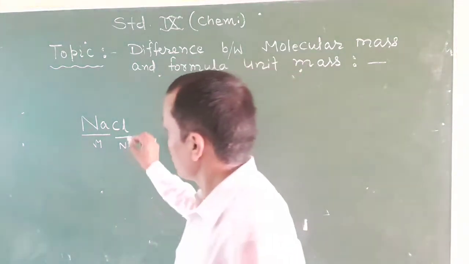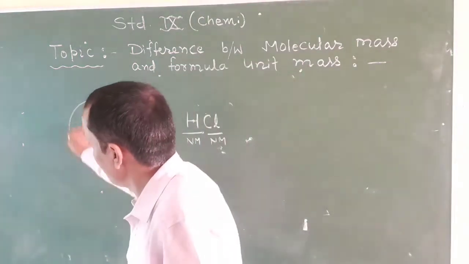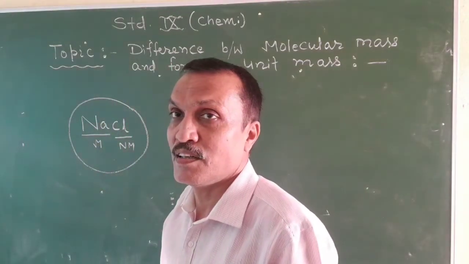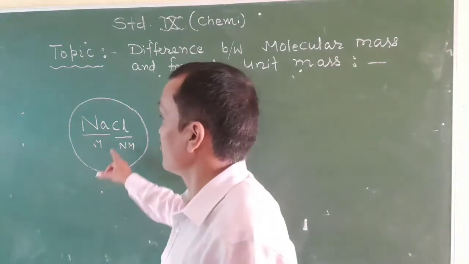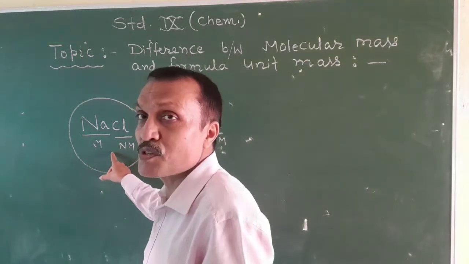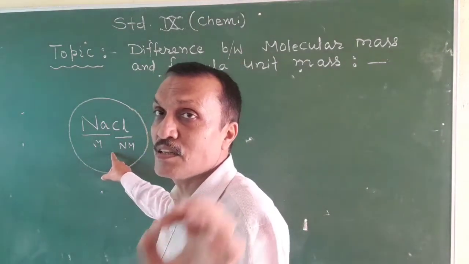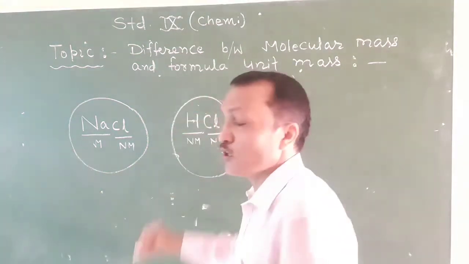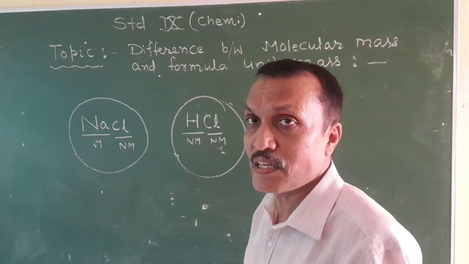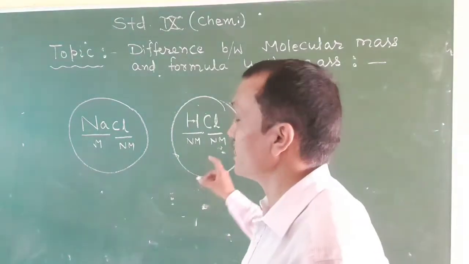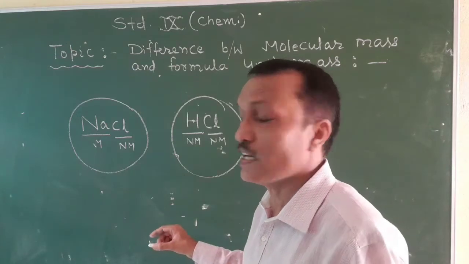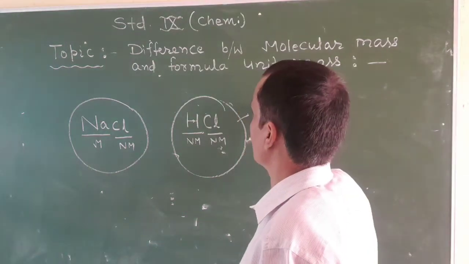Okay? So for a compound made of metal and non-metal, its mass should be read as formula unit mass, and for a compound made of non-metallic atoms, its mass should be read as molecular mass.